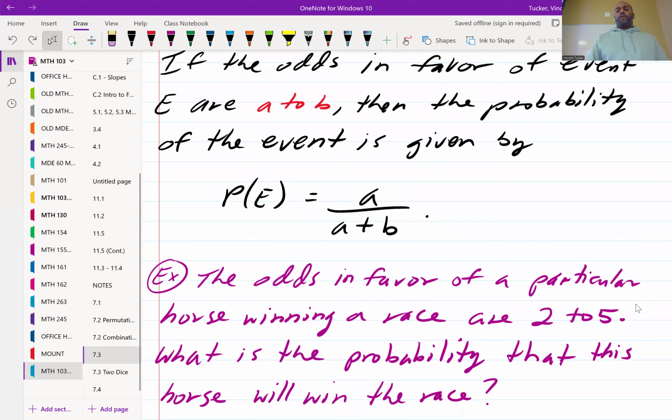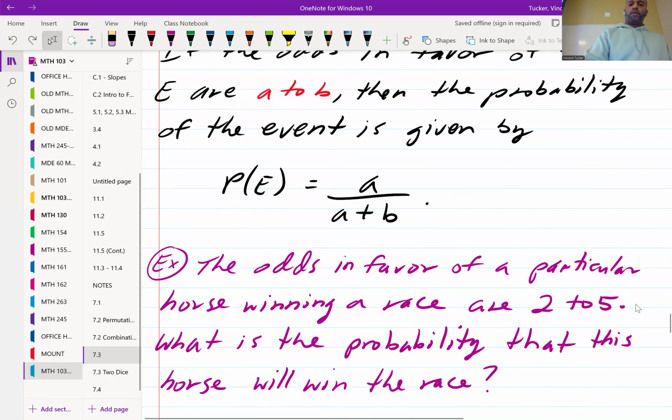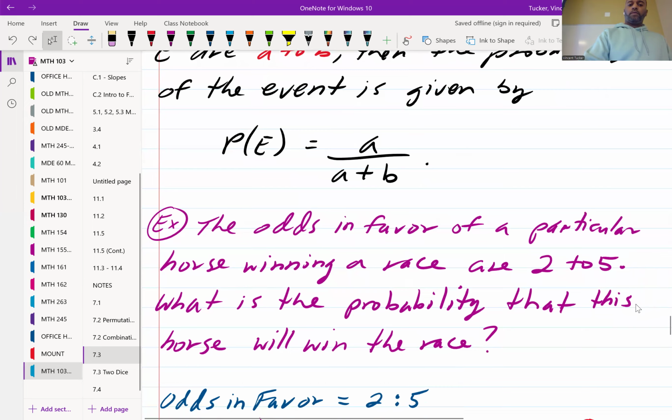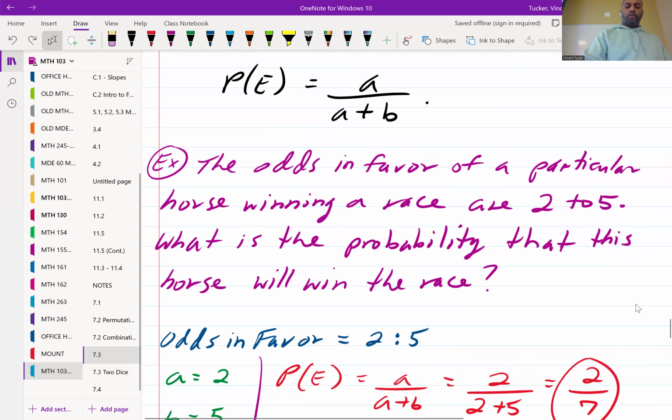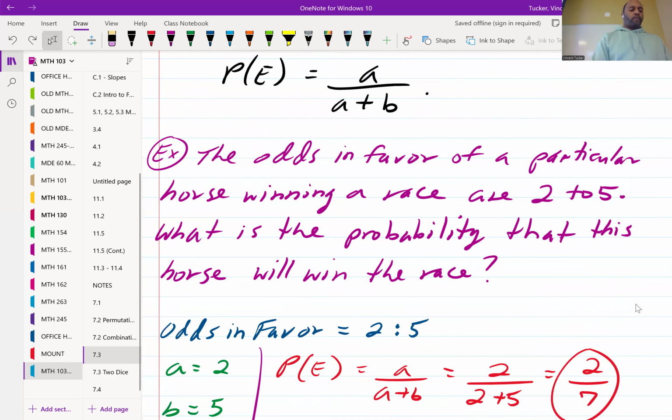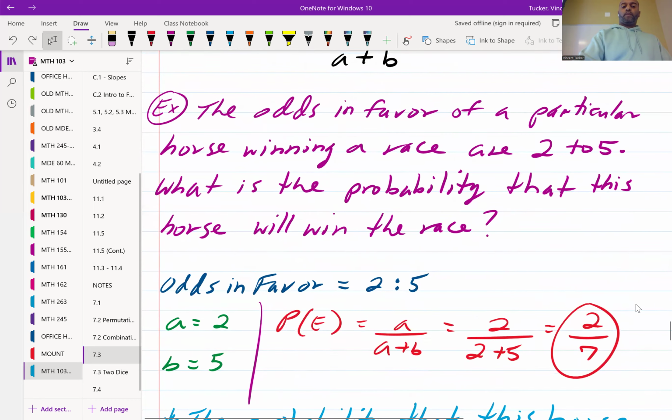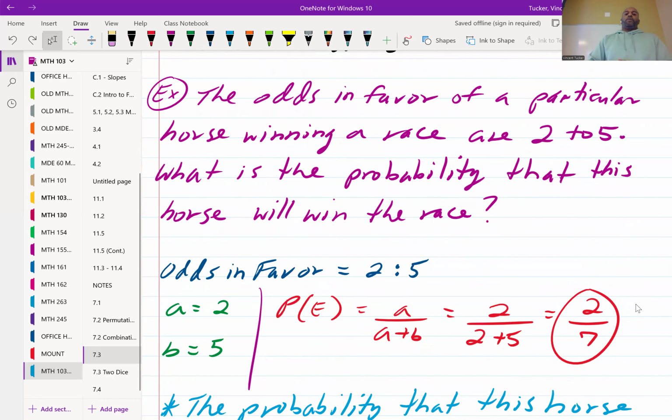The odds in favor of a particular horse winning a race are 2 to 5. What is the probability that this horse will win the race? They give us the odds in favor of winning.